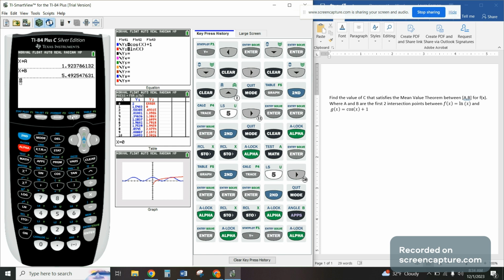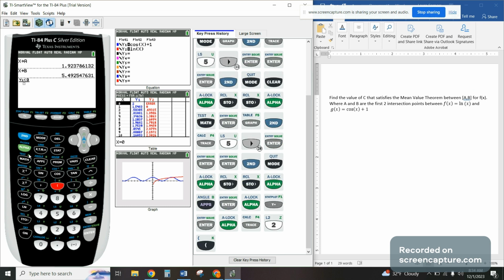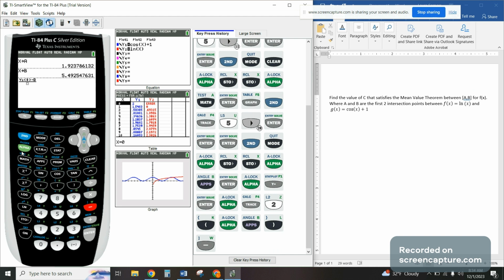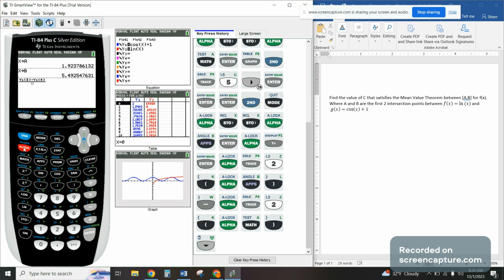All right, f of, so I'm using Y2 here for f of X, because that's the one I typed in. So f of B minus f of A over B minus A.